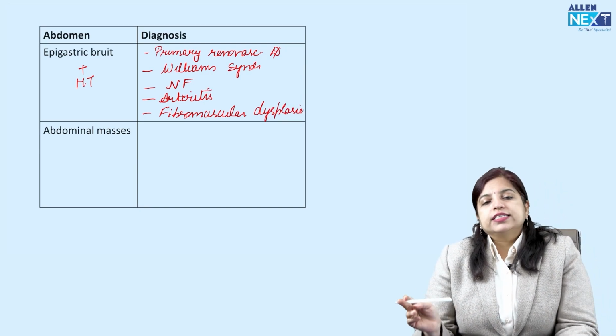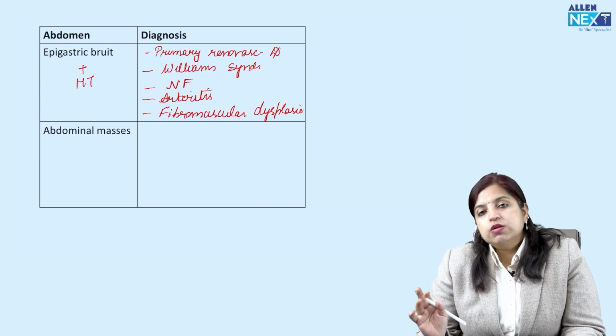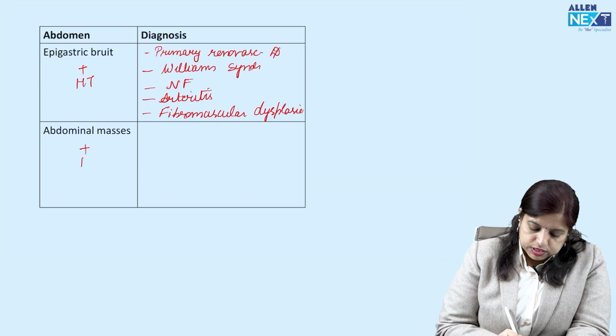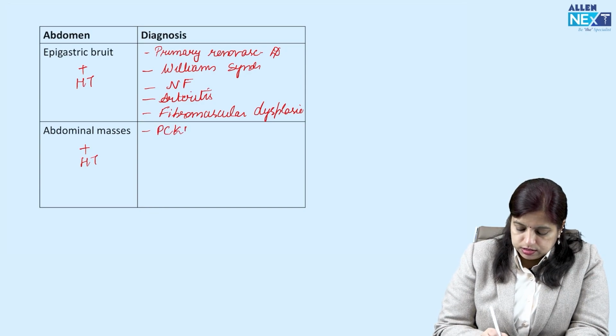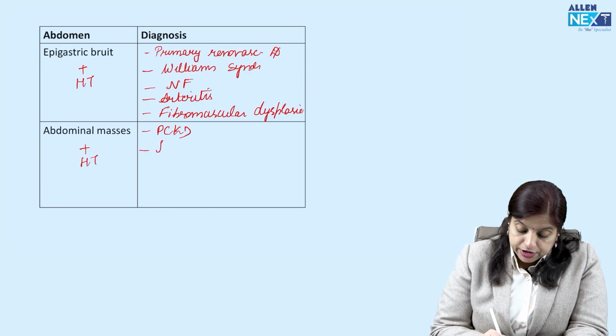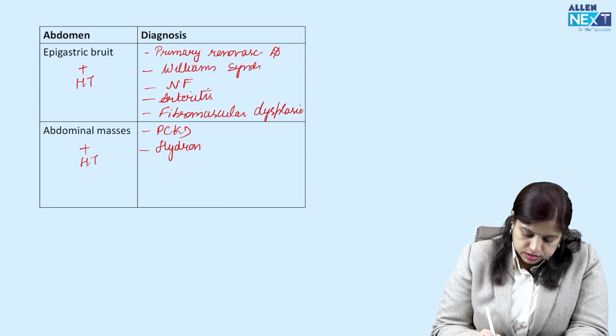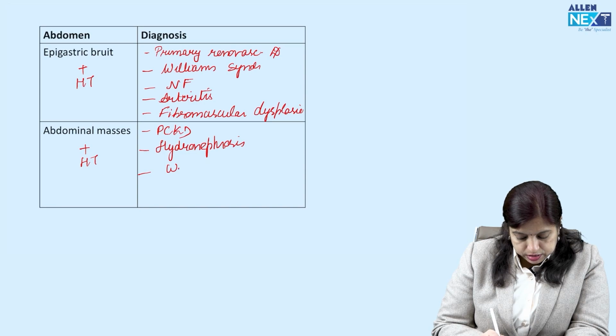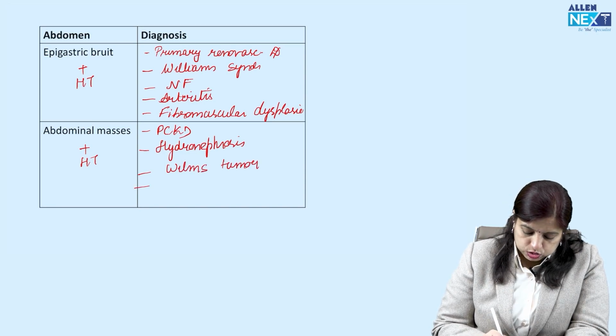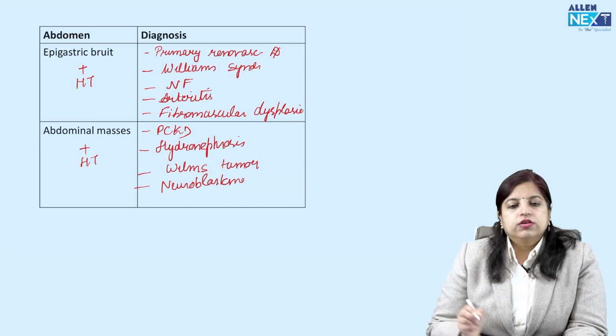Now, the next section is my personal favorite, abdominal masses with hypertension. Again, very commonly asked in your exam. So, what all should come to your mind is polycystic kidney disease, very important. Then hydronephrosis should come to your mind, very, very important. Then Wilms tumor, then neuroblastoma, right?